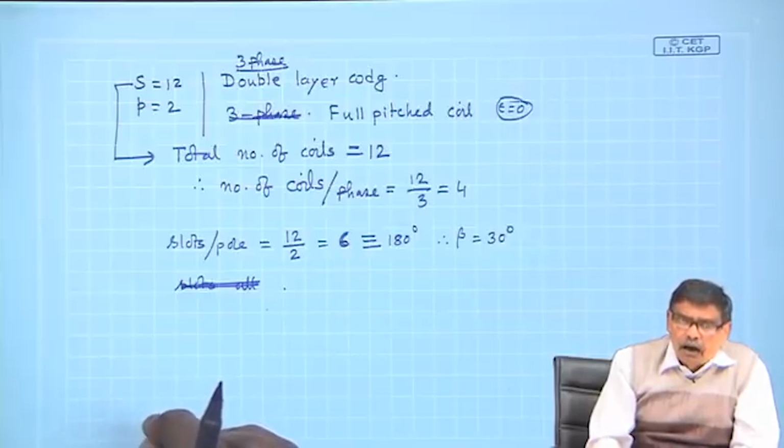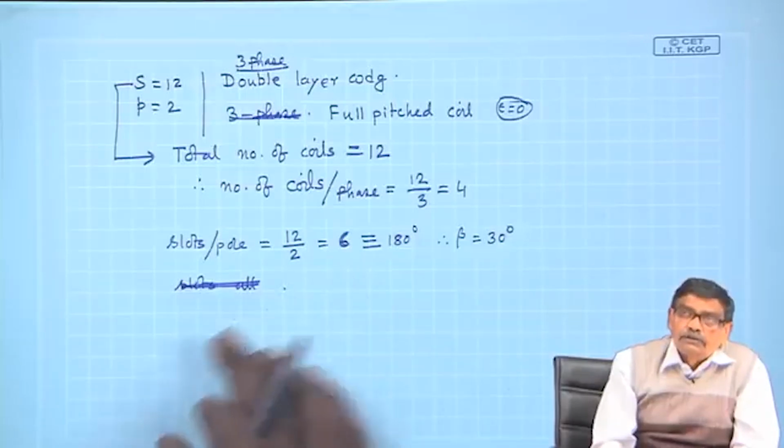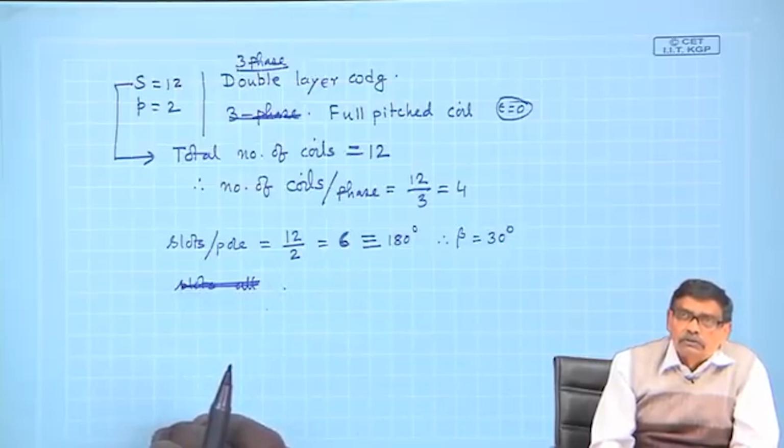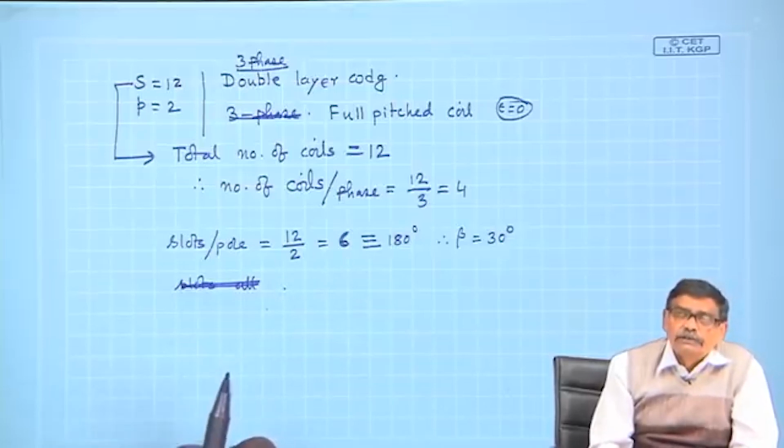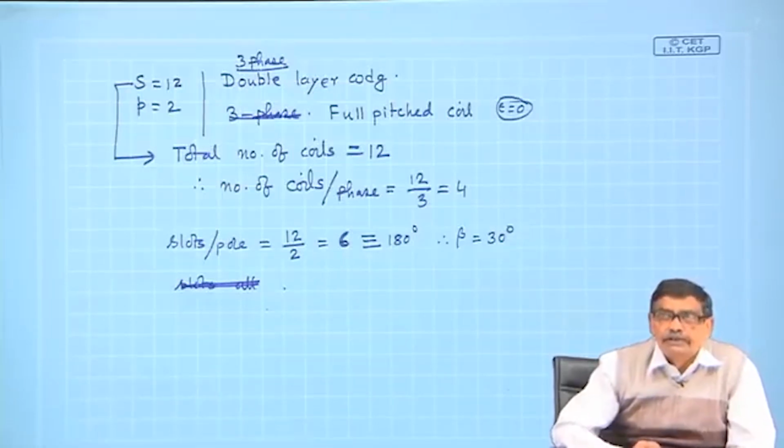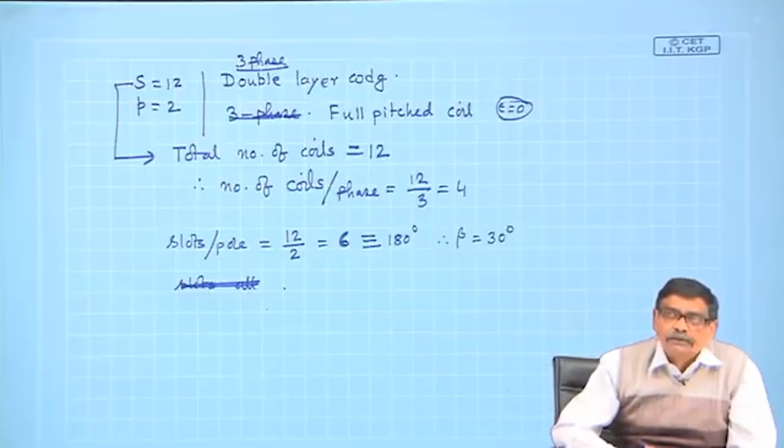Therefore, out of this total 6 slots, allot 2 slots to R phase, 2 slots to Y phase, and 2 slots to B phase. That is quite logical. Are you getting?